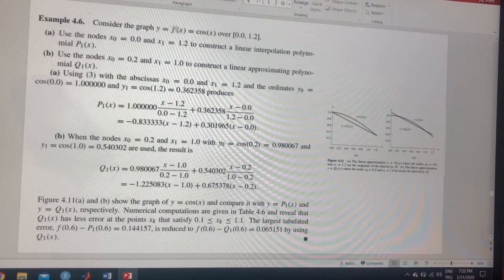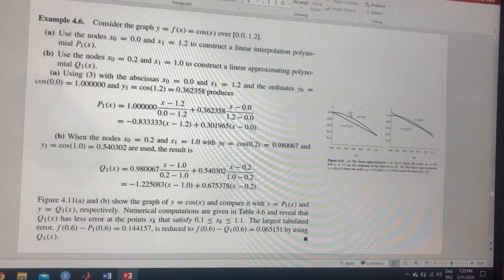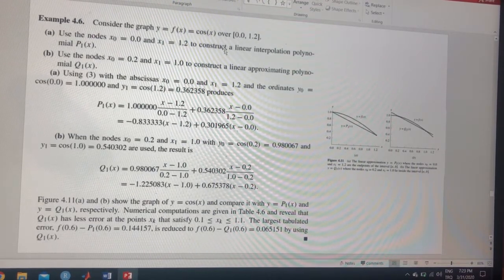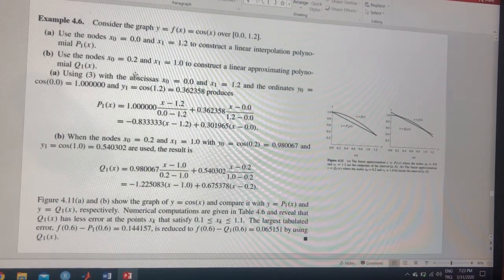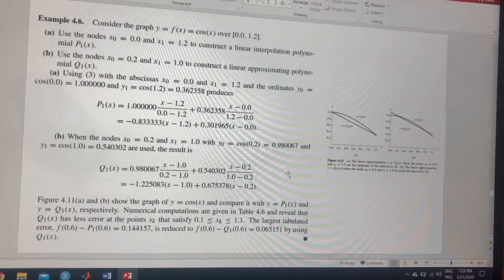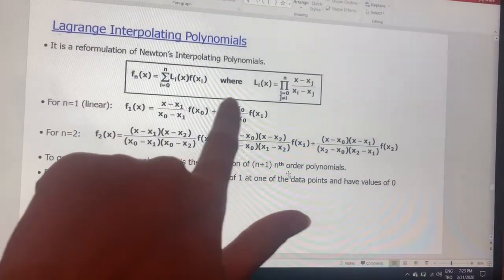So for the function cosine x, we are checking when x is between 0 and 1.2, and we are using 0 and 1.2 as the starting and ending point in that interval, and we will find the linear interpolation polynomial P1(x). Since this is Lagrange interpolation, the formula was here, f of x0 times that, f of x1 times that.